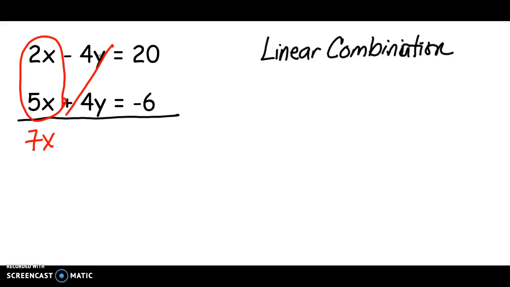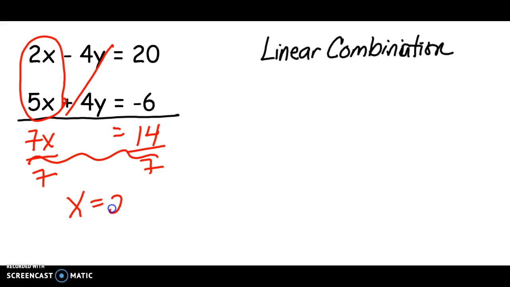So that gives me 0. And then I'm left with 20 minus 6 is 14. Now, this is my new equation, and how great is that? Because it's a one-step equation. And now I know that if I divide both sides by 7, I get x equals 2.